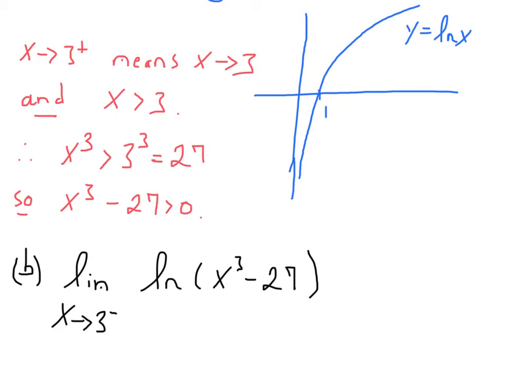In other words, we'd have to be able to evaluate logs of negative numbers, which we can't, so we can say, in fact, that this limit quite simply doesn't exist.